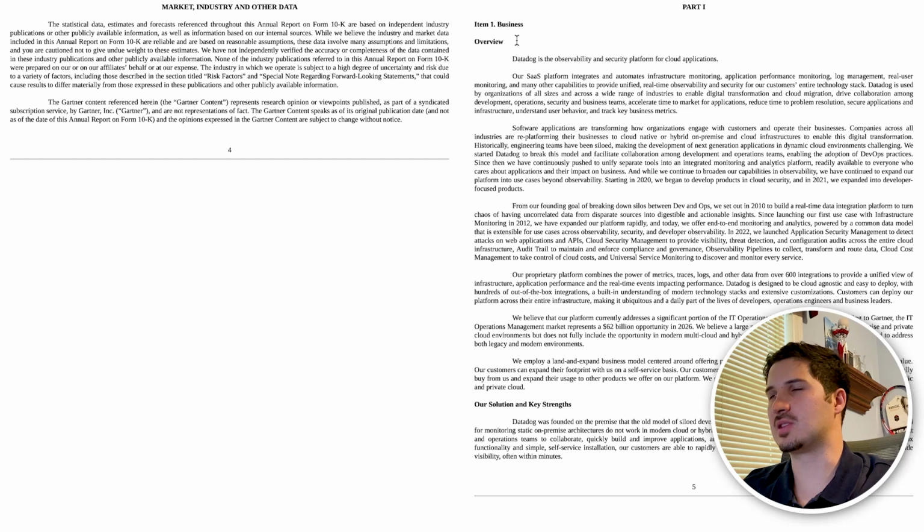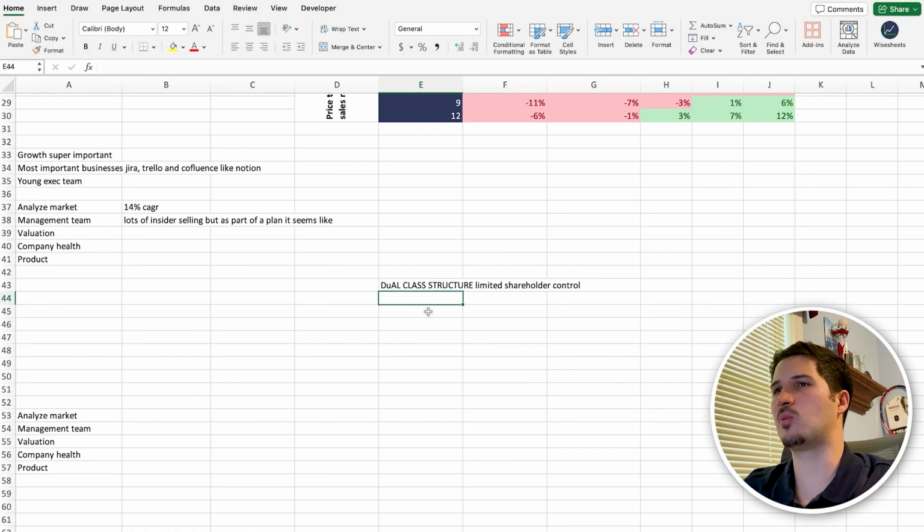Now we get to the business section. This is very important. Observability and security platform for cloud applications. Okay, now we know what the company does. This is interesting. They're giving you some information that they've gathered about the market, which in this case is the IT operations management market. So I'm just going to take a note of this, and we're going to look at this data ourselves because we don't want to just take the company's word for it.